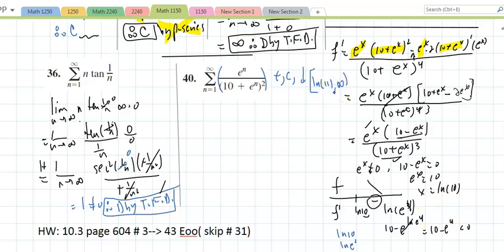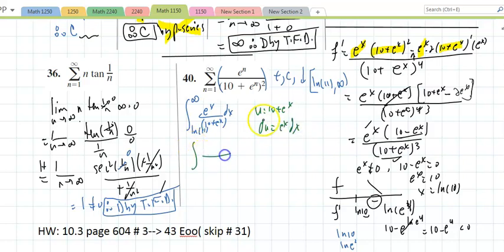Now we're safe. Now I'm going to integrate from natural log of 11 to infinity of e to the x over 10 plus e to the x dx. Let u equal 10 plus e to the x. du is e to the x dx.